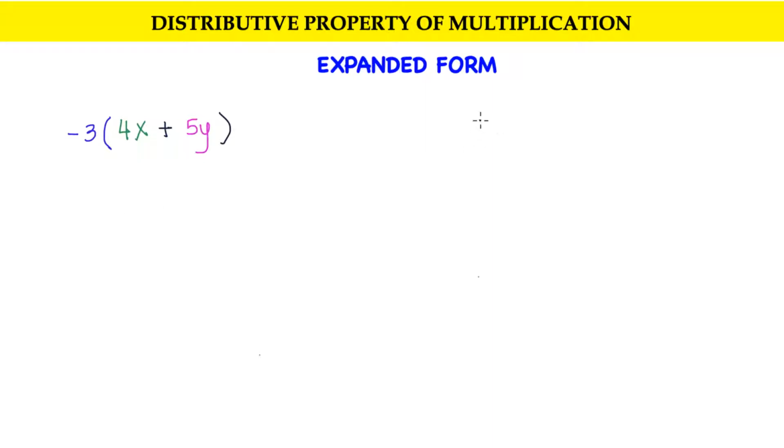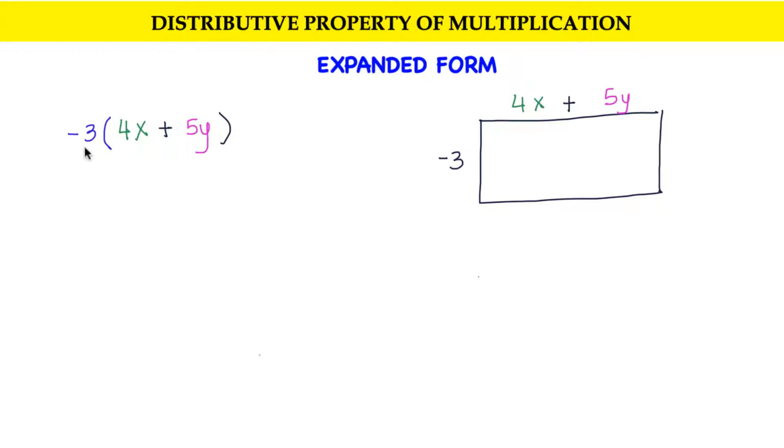Let's draw it here. Suppose I have a rectangle and the two sides of the rectangle are -3 and 4x plus 5y. And the area of this rectangle would be -3, which is one side, times 4x plus 5y, which is the other side.